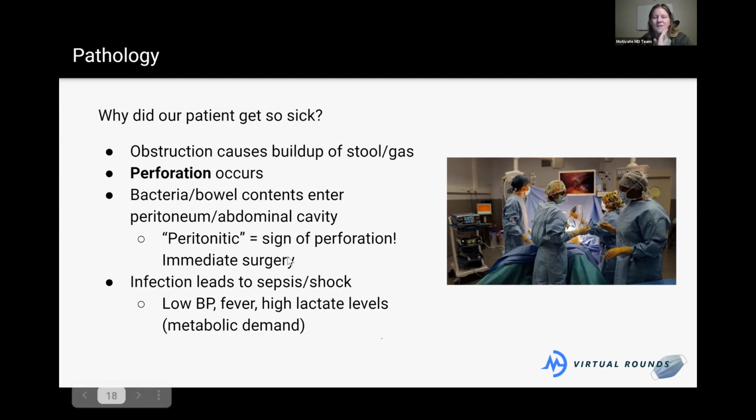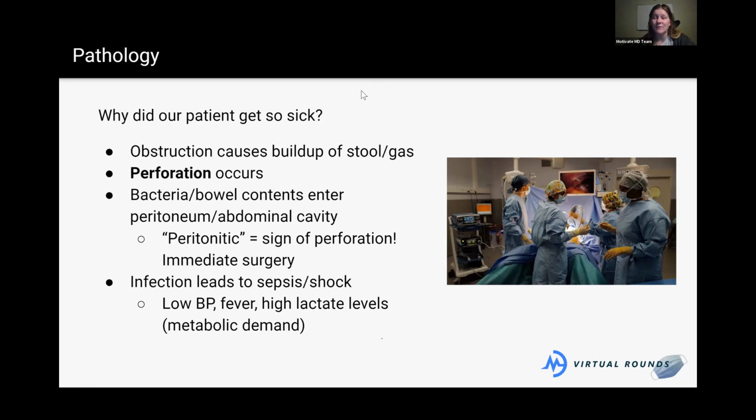Once you have that bacteria floating freely in the abdominal cavity, with all this stool, it's a seeding ground for spreading bacteria through your bloodstream, causing septic shock. You have such a high metabolic demand for oxygen because your body has so much inflammation going on that your blood pressure is dropping, you get a fever, and your lactate goes up. So that's the disease process that made her so sick.